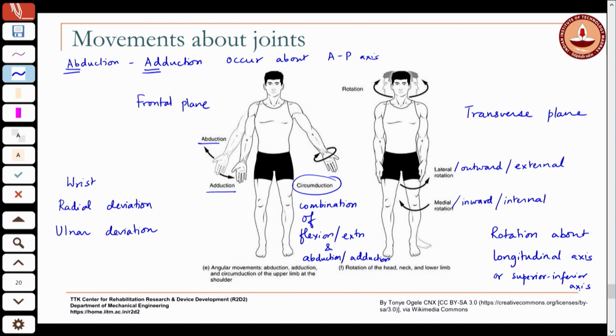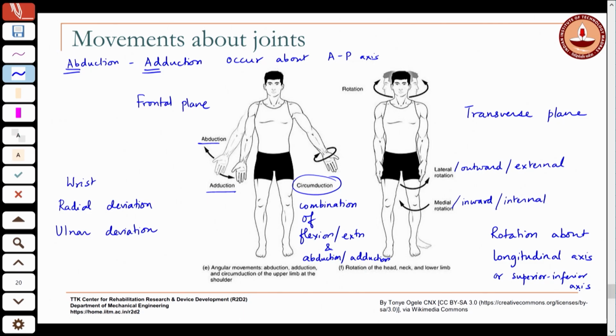Okay. So, rotation, we have talked about rotation at the wrist, we have talked about the major motions in the various planes.